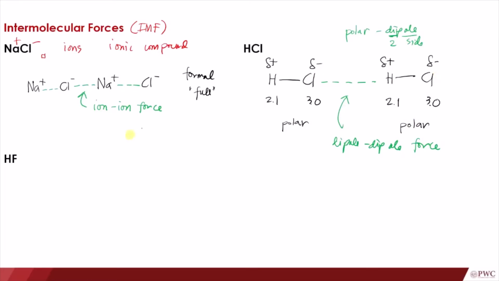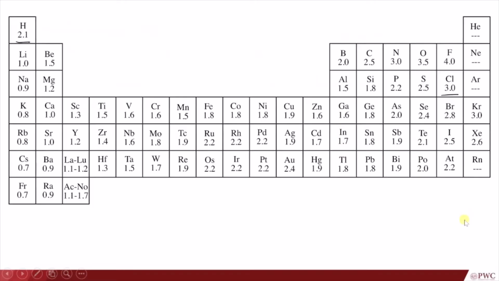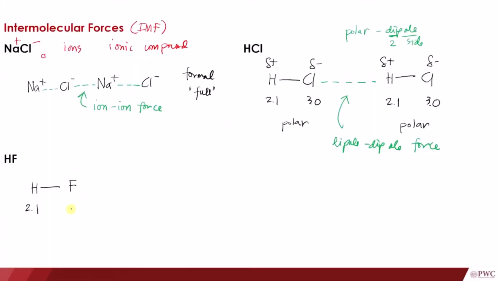So HF, this one is composed of hydrogen, then fluorine. This one is also polar, right? Because this is 2.1. Then for F, this one is 4.0. So the electronegativity of F or fluorine is 4.0.